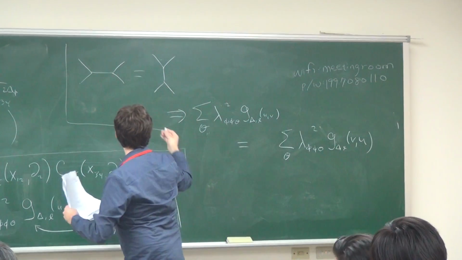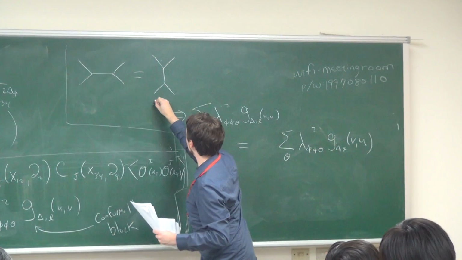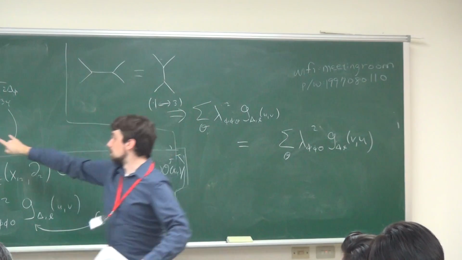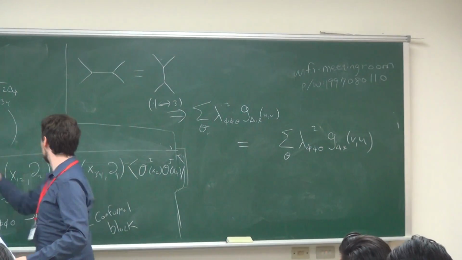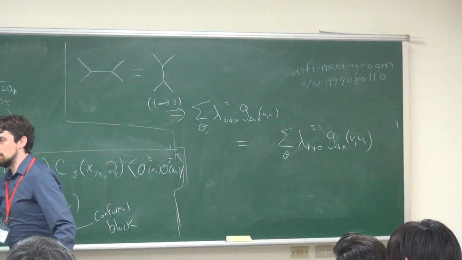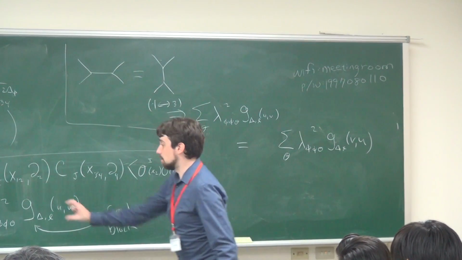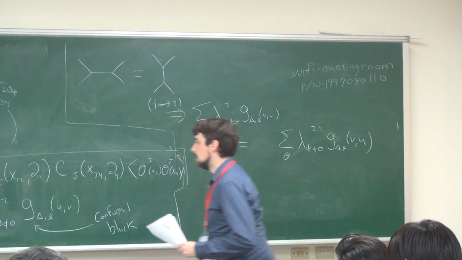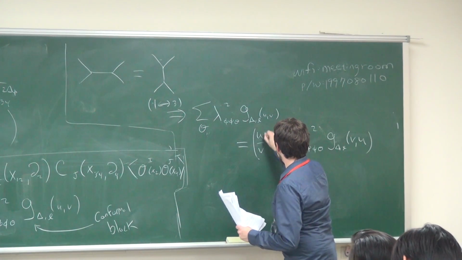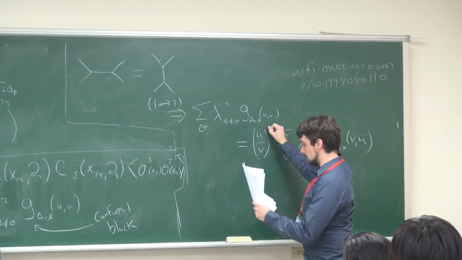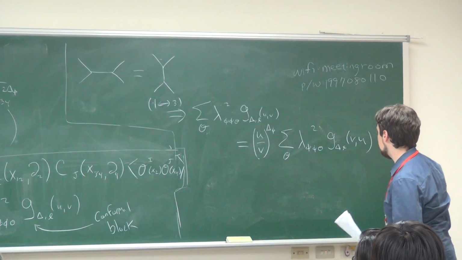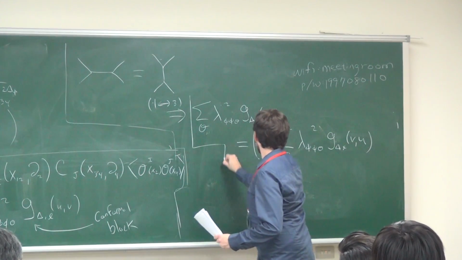So if I look at the constraint that this is symmetric, that we're exchanging 1 with 3, then, as I said, u and v switch with each other under 1 gets exchanged with 3. And the only thing you have to be a little bit careful about is this prefactor sitting in front of the blocks, because it also transforms non-trivially under 1 goes to 3. And taking that into account gives me (u/v) to the delta phi sitting in front of this expansion.